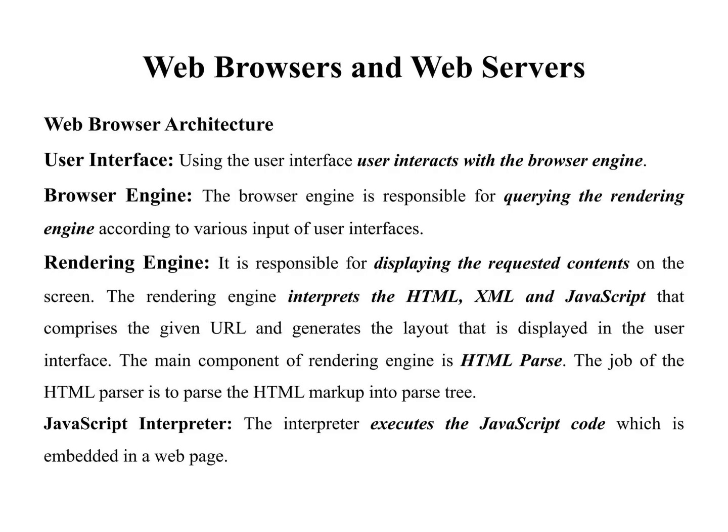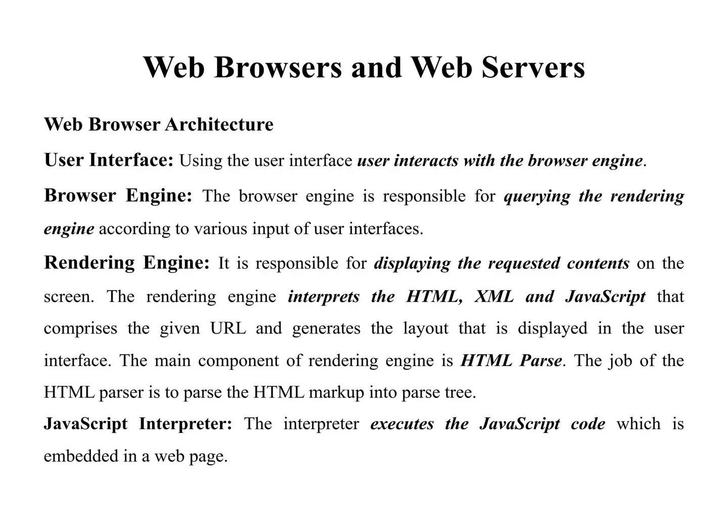Next is the rendering engine. The rendering engine is responsible for displaying the requested content. It will interpret the HTML, XML, and JavaScript and the given URL, and generate the layout, which is then displayed in the user interface.